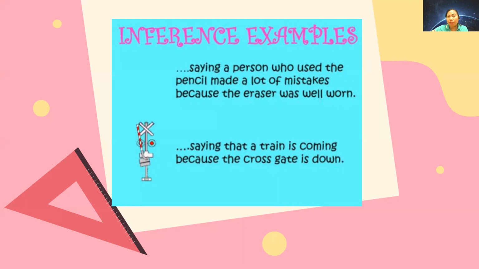Don't go on, you just need to slow down. And if you saw the red color of the traffic light, then we stop. So that is how we infer things.